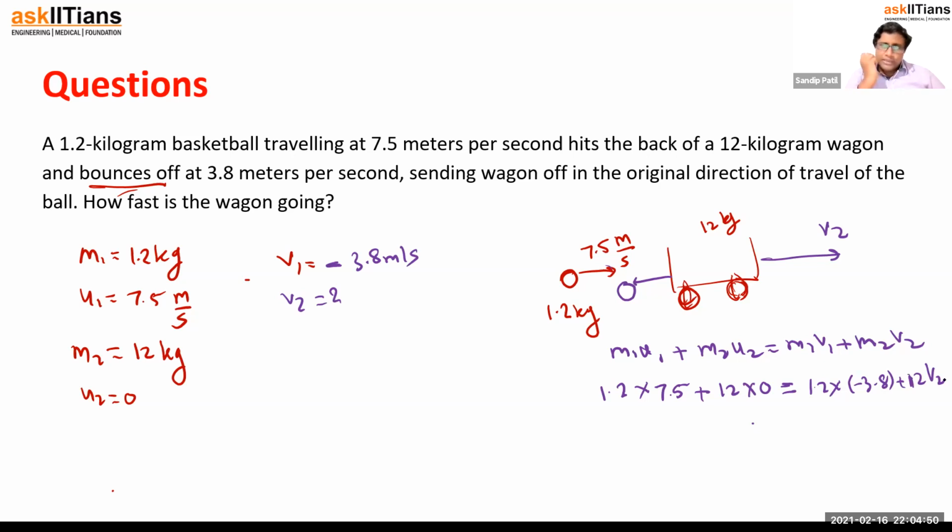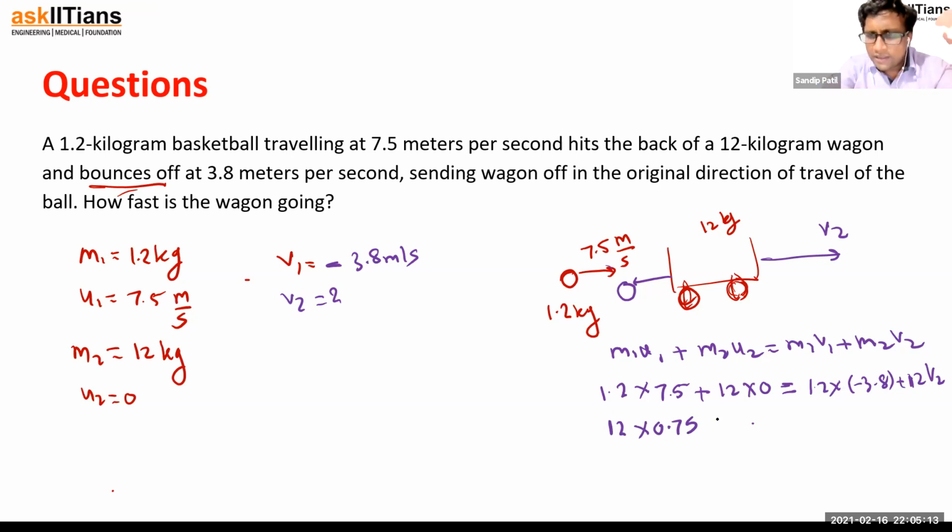Actually, we can do this calculation a little more easily. How? I can write this 1.2 as 12 and this 7.5 as 0.75. For the 12, I shifted the decimal one place to the right, but I have to balance that too, so from the 7.5 I shifted the decimal to the left.